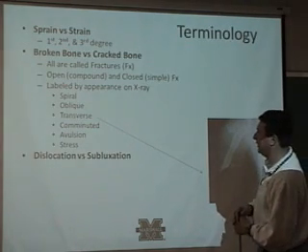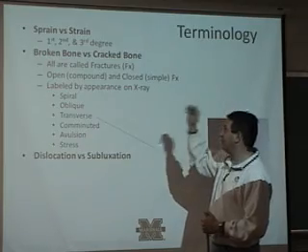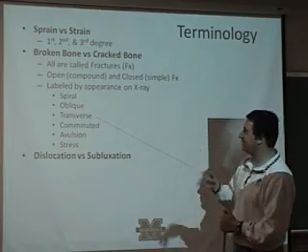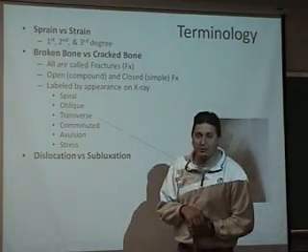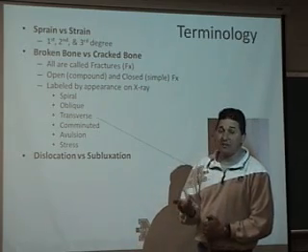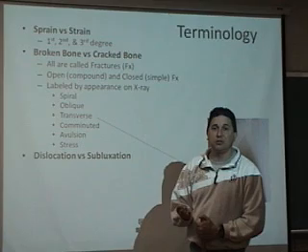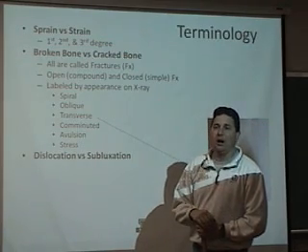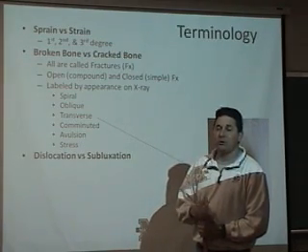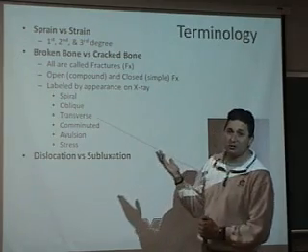Dislocation versus subluxation. Going back to broken bone versus the fractures, signs and symptoms of a fracture: obvious deformity, discoloration, swelling, disuse, loss of function, multiple things, very similar to sprain and strain.